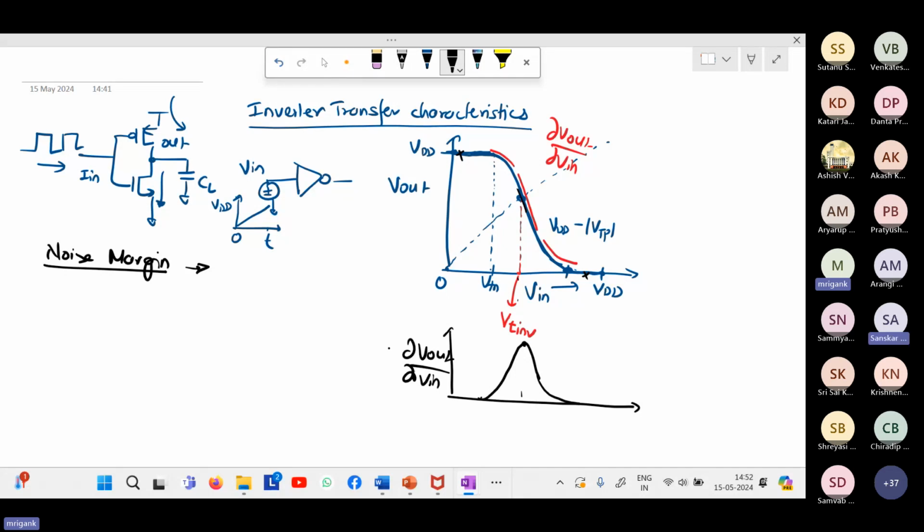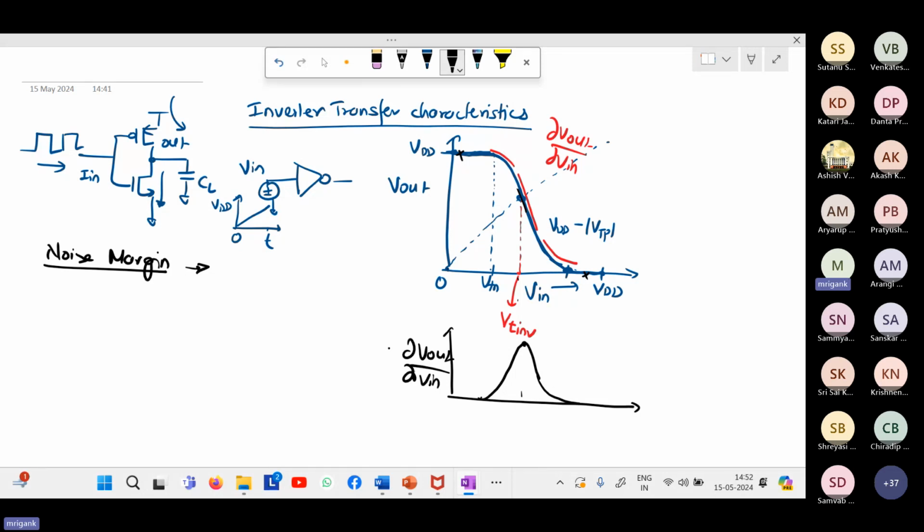If you look at the low to high transition, anybody want to say something? For the high we can say 0 to VTN, and for the low it is VDD minus VTP to VDD. Yes, so basically the value which will cause the output to go into the high gain region.